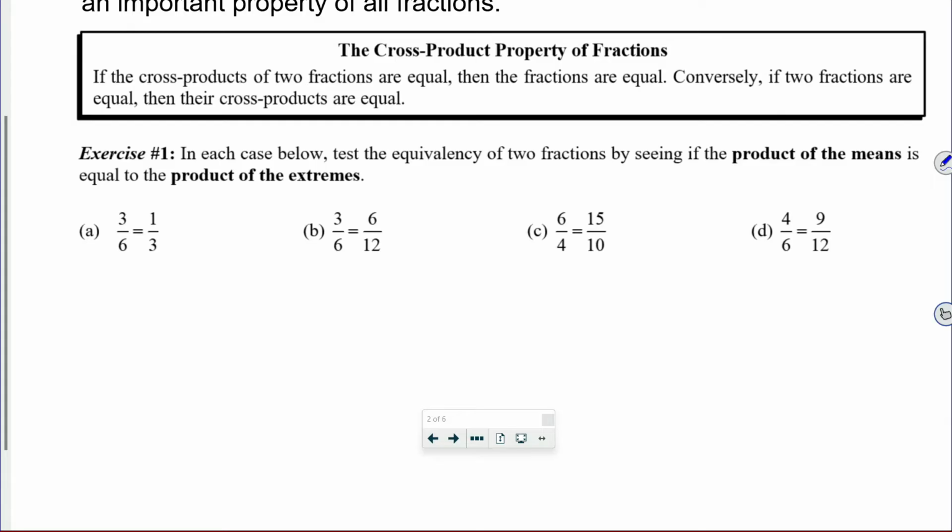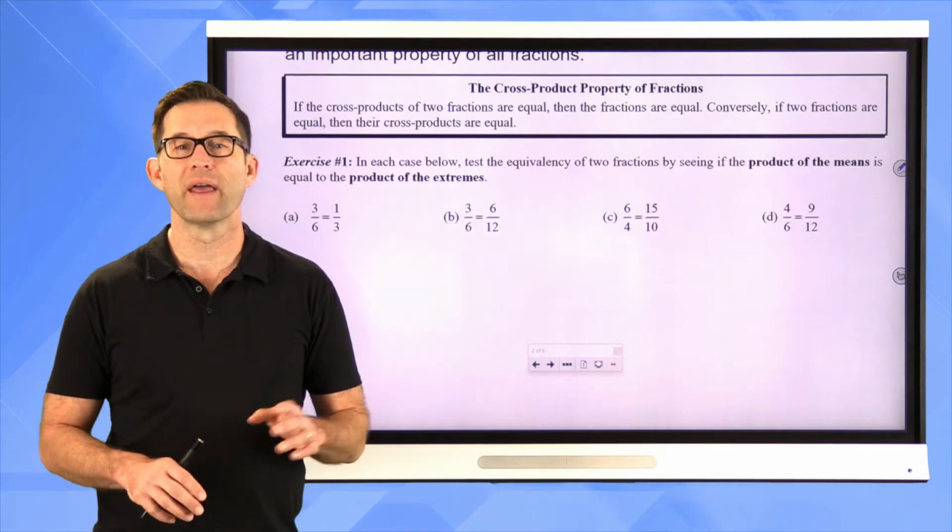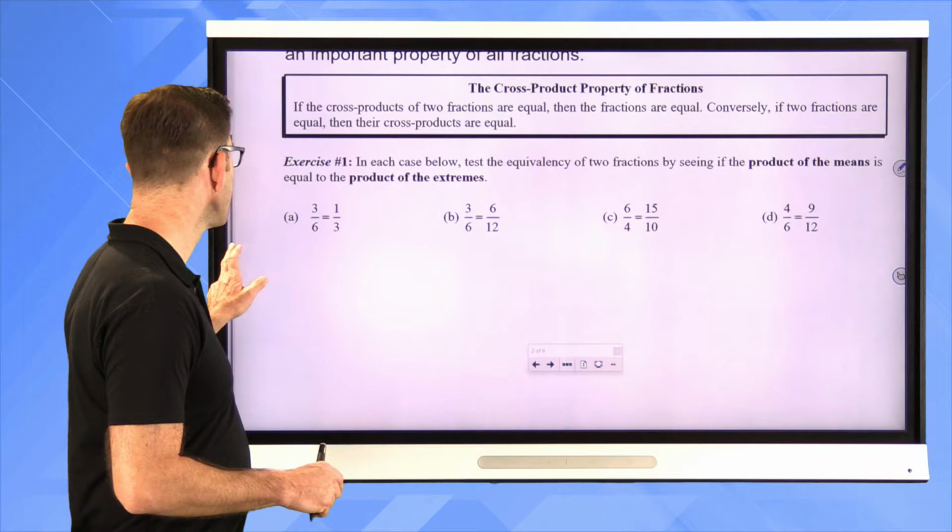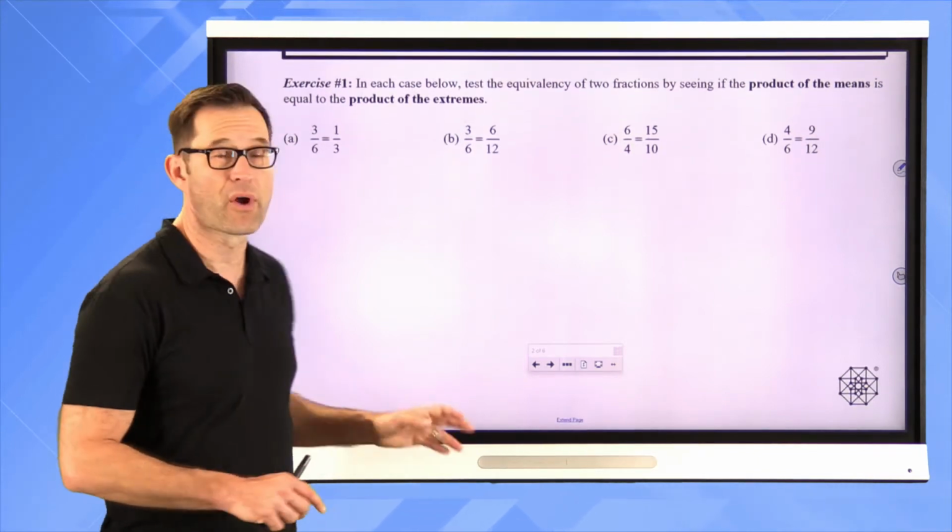In each case below, test the equivalency of two fractions by seeing if the product of the means is equal to the product of the extremes. And I'll explain that phrase in a little bit, but basically that just means by using the cross product test.